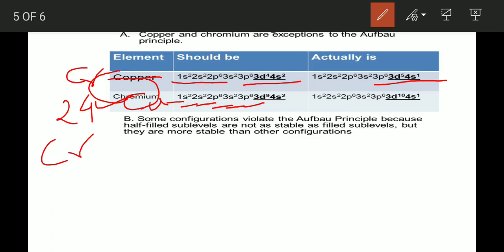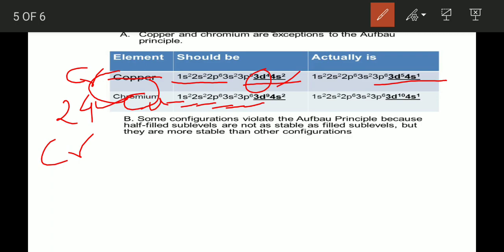The reason behind that: when we make the orbital diagram, we know the d subshell has 5 orbitals. When we distribute these 4 electrons, it is partially filled. But if one electron of 4s jumps and enters the 3d, it becomes a half filled orbital, which is more stable.